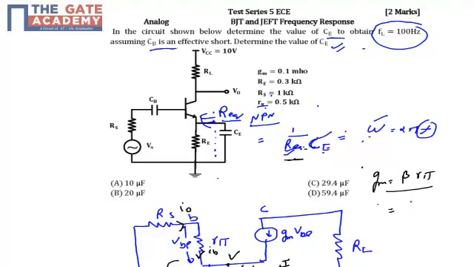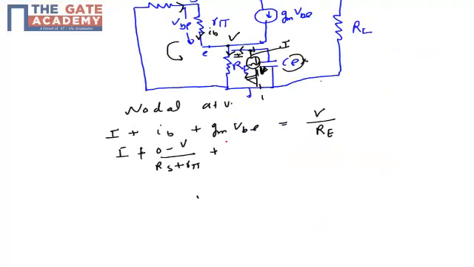Beta is unknown to us, but gm is already given to us, 0.1 mho. Then gm VBE: VBE is the voltage drop across r pi, which is IB into r pi.